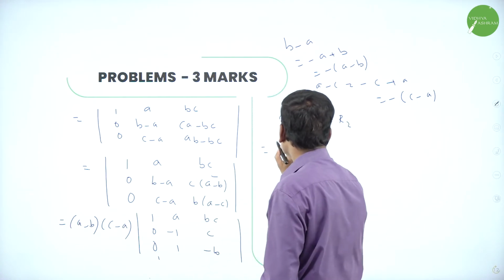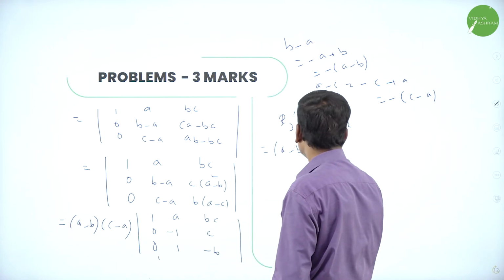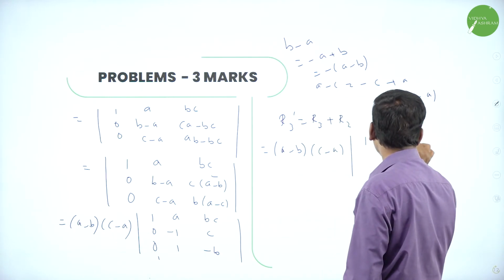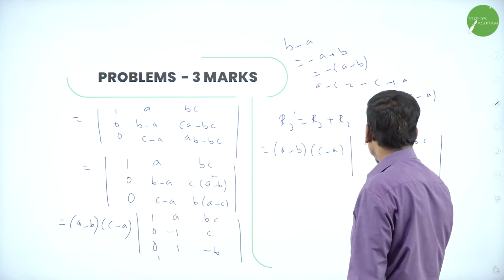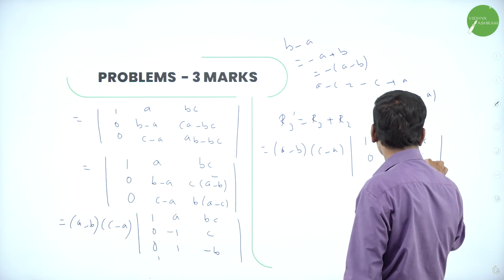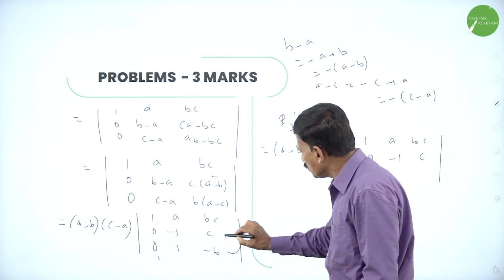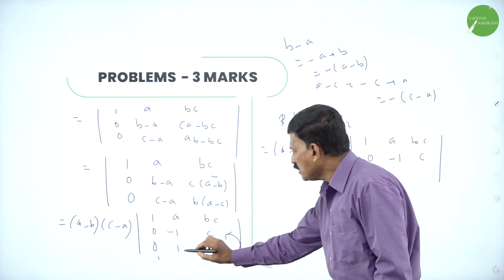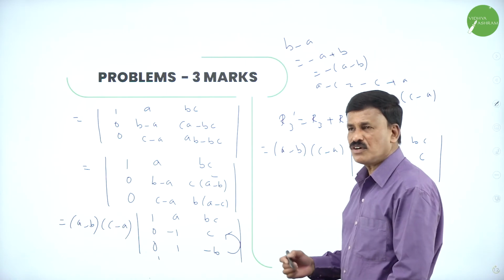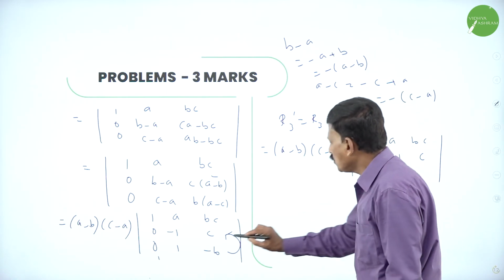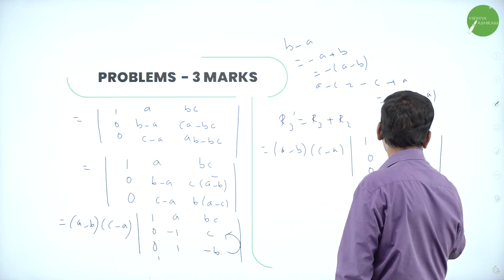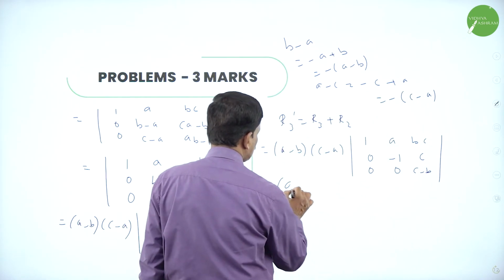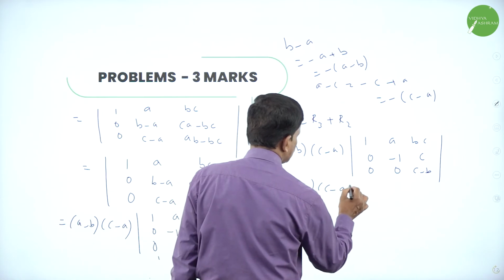This is A minus B into C minus A. So 1 A B C as it is, 0 minus 1 C as it is. Add these two. 0 plus 0 is 0. 1 plus minus 1, 1 minus 1 is equal to 0. Minus B plus C is C minus B. So this is equal to A minus B into C minus A.